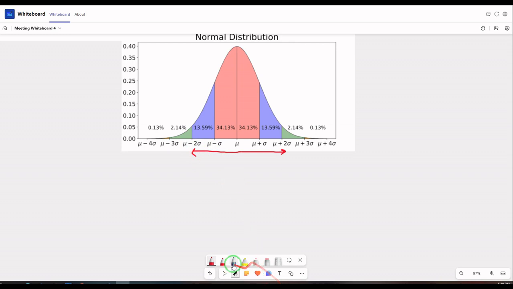And also if you move again 3 standard deviations around your mean, it will contain about 99.7% of your total data, which if you compare with 100%, you would see that it is the majority. It's almost 99.7% of your data out of 100%.